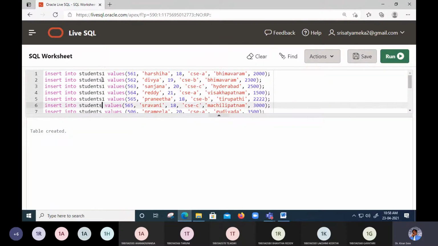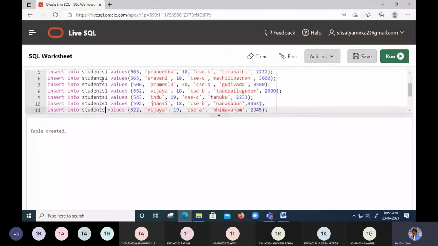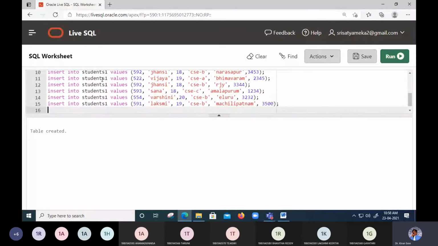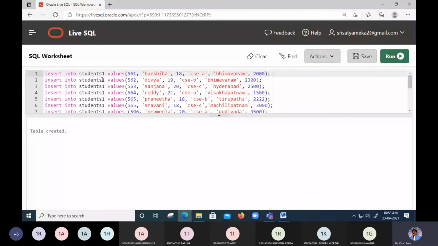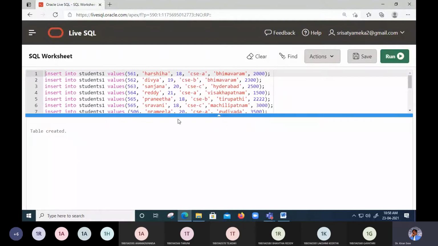That is the reason we put student 1. You can see there are 15 records here.